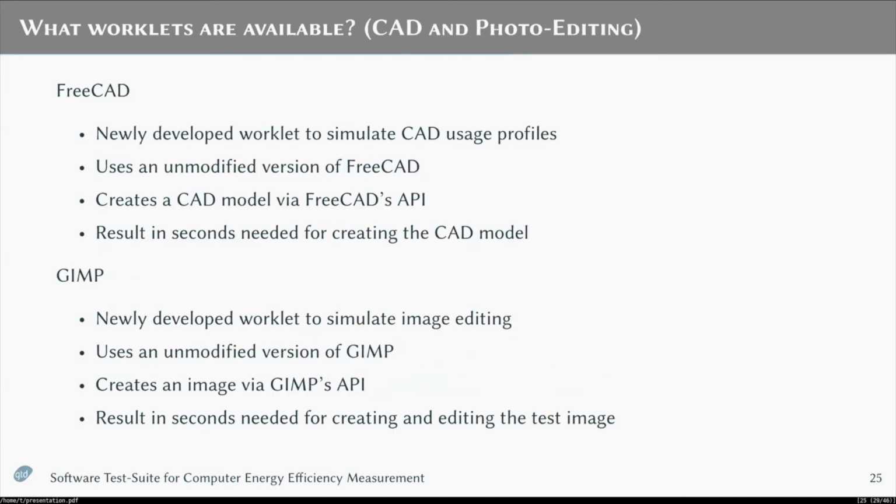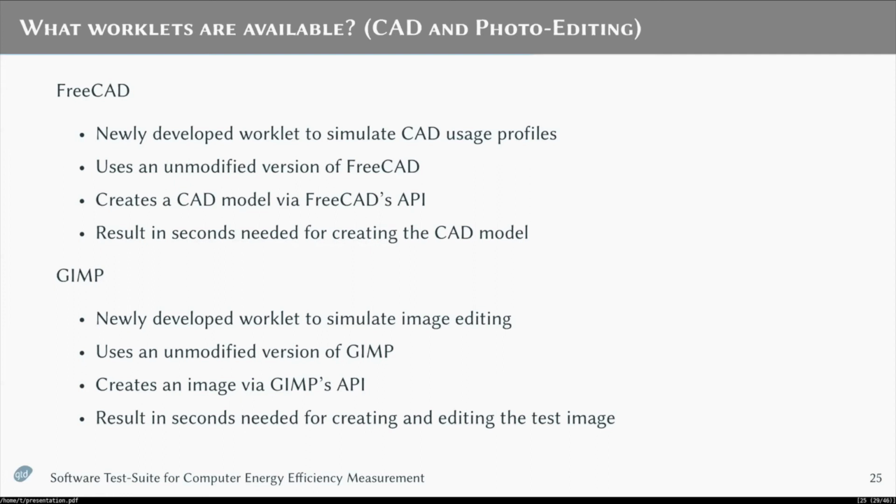We have then one workload for computer-aided design and one workload for photo editing. So for CAD workloads, we have FreeCAD. This uses the FreeCAD version you can download from the internet. So it's an unmodified version, and we have written an automation script for FreeCAD to create a 3D model, and we measure the time in seconds needed for that 3D model to be created.